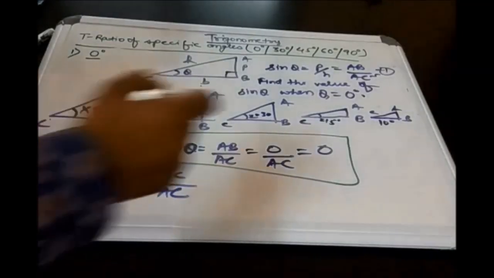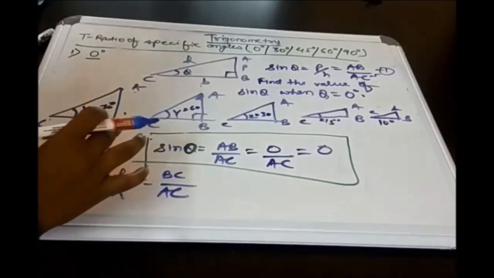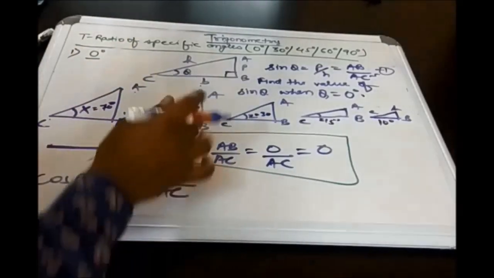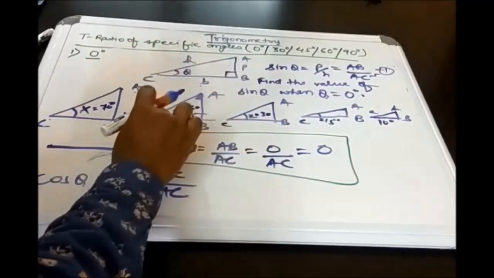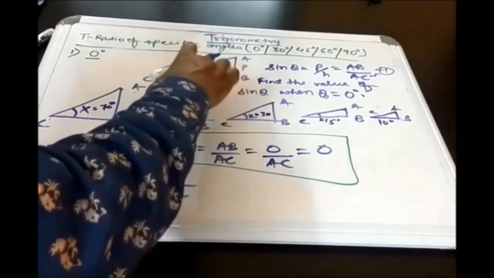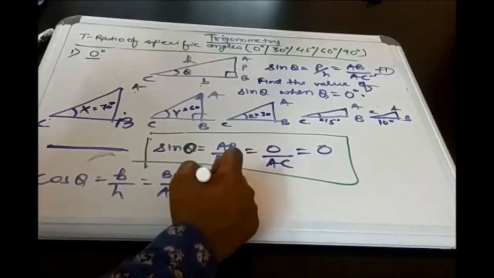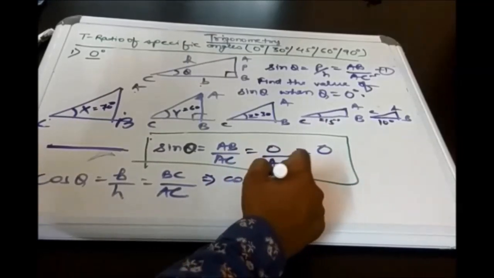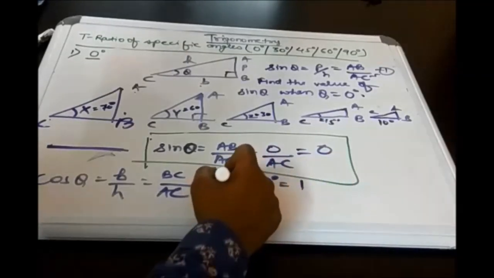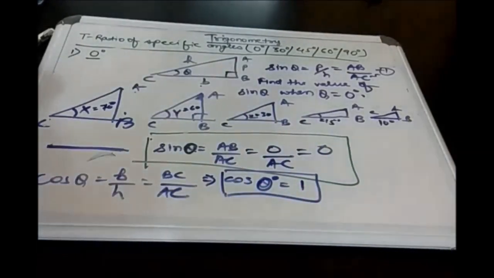Now when you have reduced theta to 0, that is, this angle has been slowly reduced, then the point A comes to the point B, that is, BC and AC become equal. So cos 0 degree becomes 1. So we have derived the value of sine 0 and cos 0.